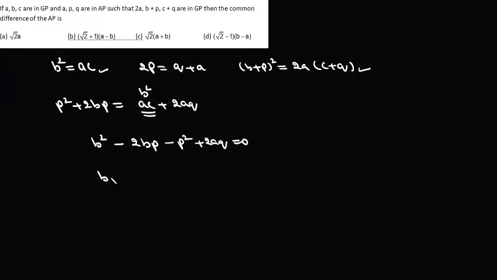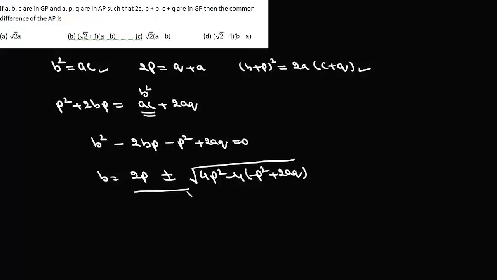Now from here we can write B as 2P plus minus under root of 4P square minus 4 times (minus P square plus 2AQ), whole divided by 2. We'll cancel this 2. So we'll get this B as P plus minus under root of 2P square minus 2AQ.